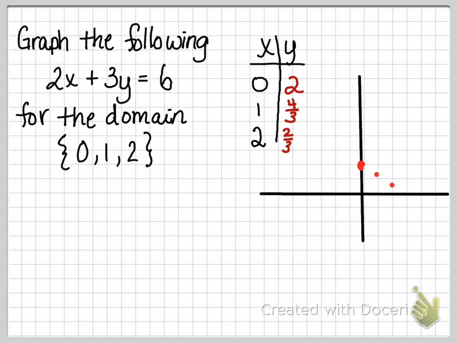And there we go. Now, it says to graph it for this domain. That means I'm not going to connect the dots, because it only wanted me to graph those 3 points. So I'm not going to connect the dots on that one. All right. What questions do you have?